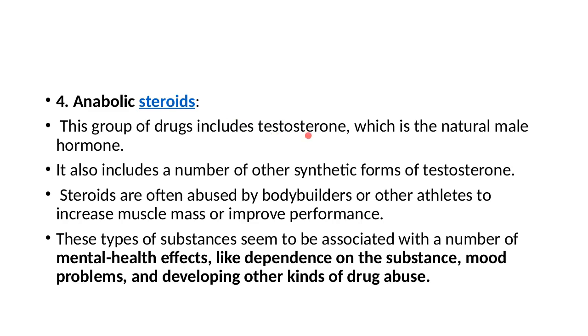So this group of drugs includes testosterone, which is a natural male hormone, and this hormone is normally the one that is responsible for building muscles in men, as well as breaking the voice, and many other things. But here, it is normally used in order to build the muscles of these men.